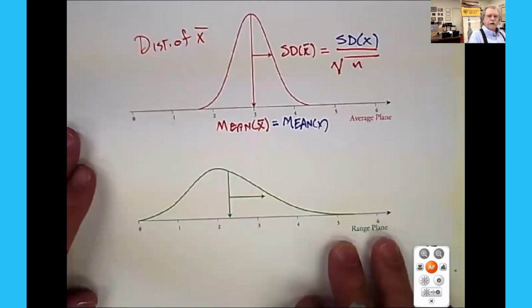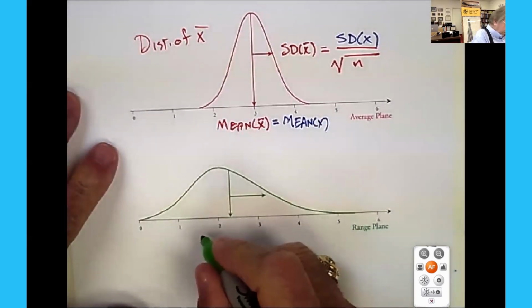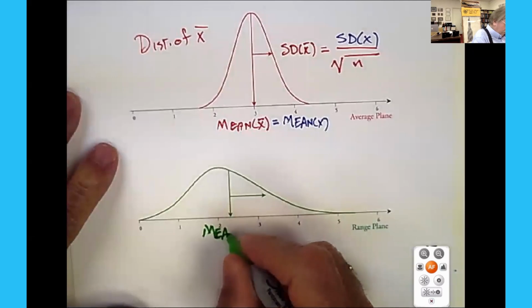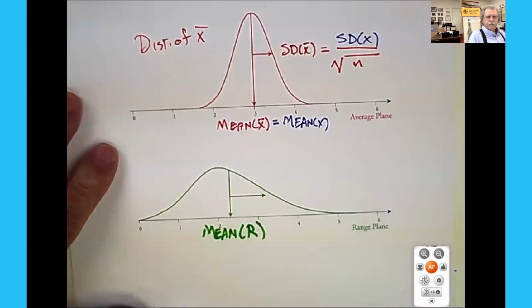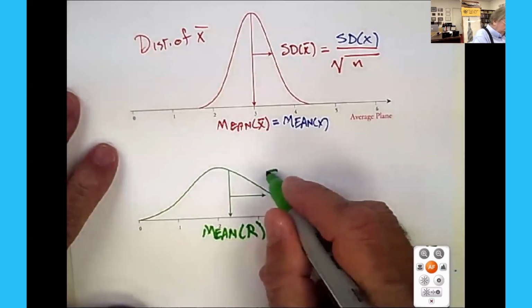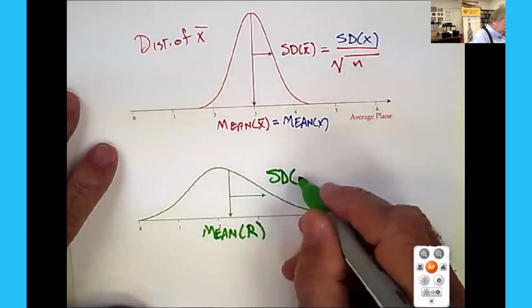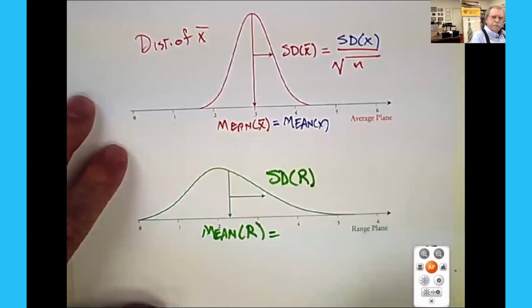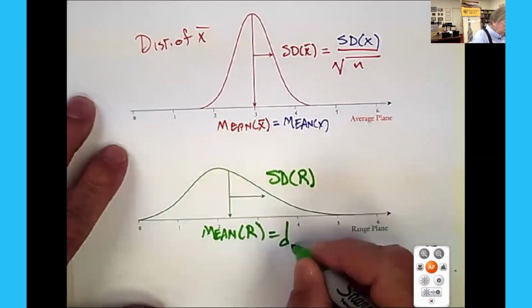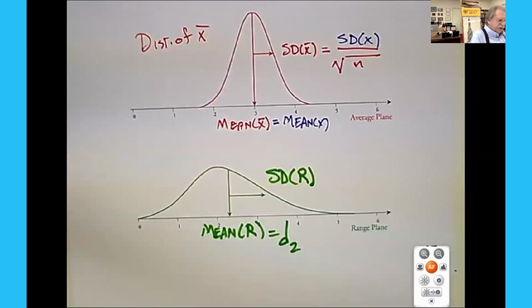Then down on the range plane, we've got the mean for the distribution of the ranges. And we've got the standard deviation for the distribution of the ranges. Two more parameters we're going to have to estimate. Now the mean for the distribution of the ranges is equal to little d sub 2 times the standard deviation for the distribution for x.